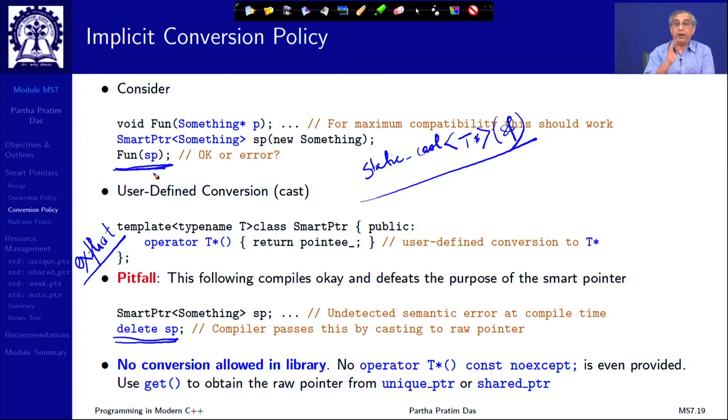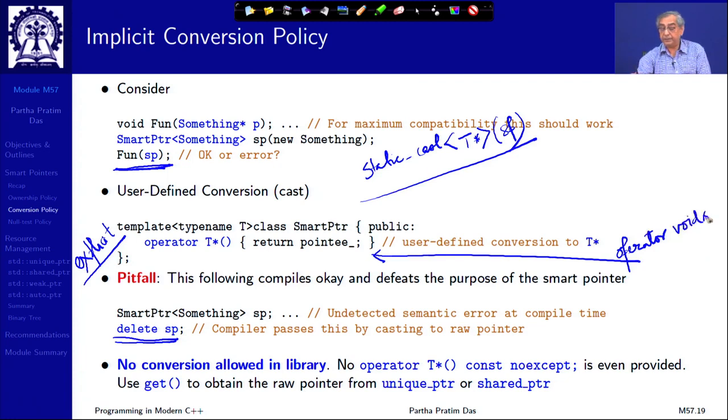Or if you are working in C++03 where you do not have the explicit keyword, the other trick or hack that you can do is provide another conversion operator, operator void star. If you do not have explicit, which is the preferred way, alongside operator T star you can provide operator void star.